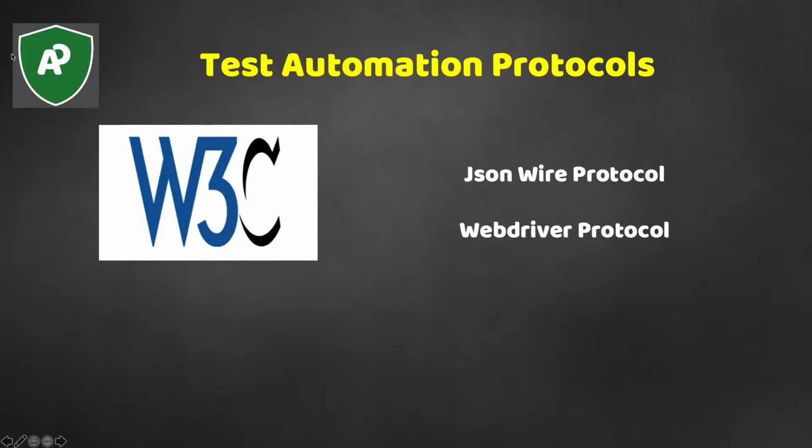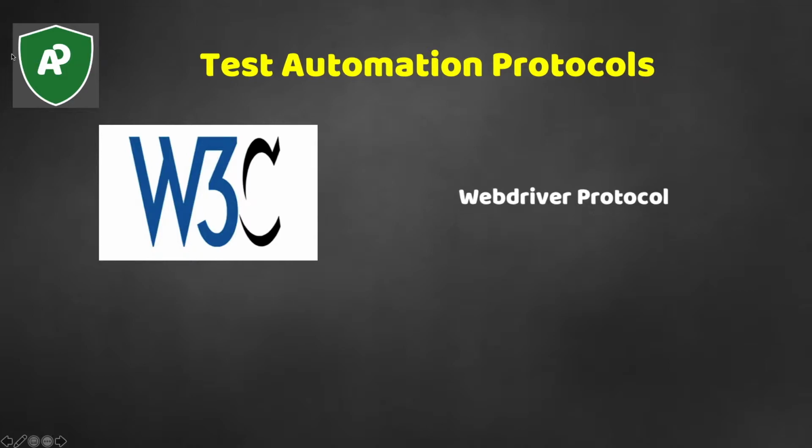They have two different protocols, and the JSON Wire Protocol has been marked obsolete with the latest changes, and only the Webdriver Protocol is available for users to use. We'll see in detail how this Webdriver Protocol works, what tools use that protocol, and what the advantages and disadvantages of this particular protocol are in this video.